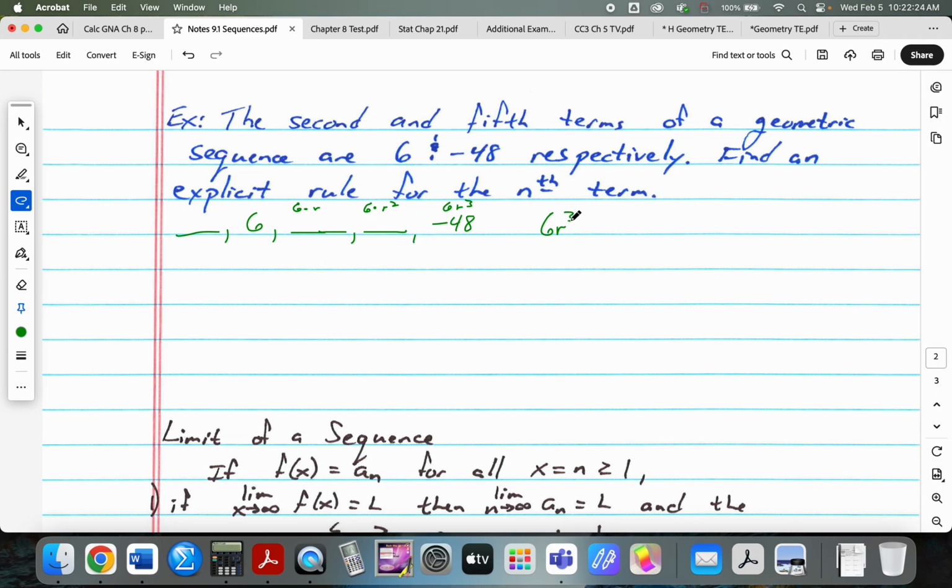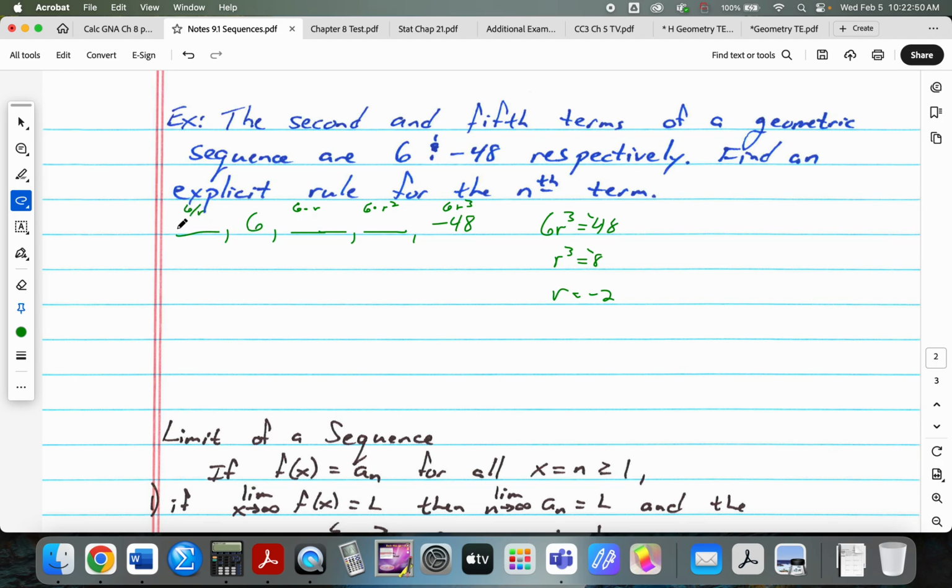So if 6r cubed is equal to negative 48, dividing by 6, we get negative 8. Taking the cube root, we get r is negative 2. So now if I'm going the opposite direction, this is going to be 6 over r.